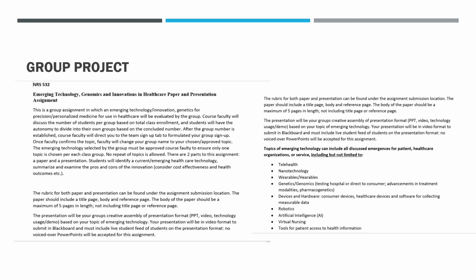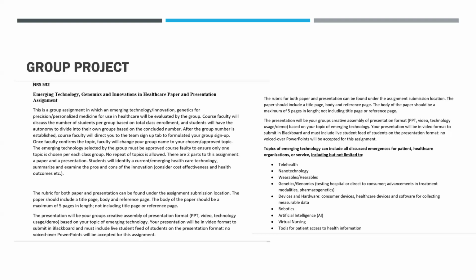You may make a PowerPoint for that. You're going to do it in a video format. You can do it on Zoom or the platform of your choice. However, I will tell you, you can use a PowerPoint in your presentation, but voiced over PowerPoints will not be accepted, meaning that you have to all appear, such as this on Zoom, so live and record together for your project, okay?